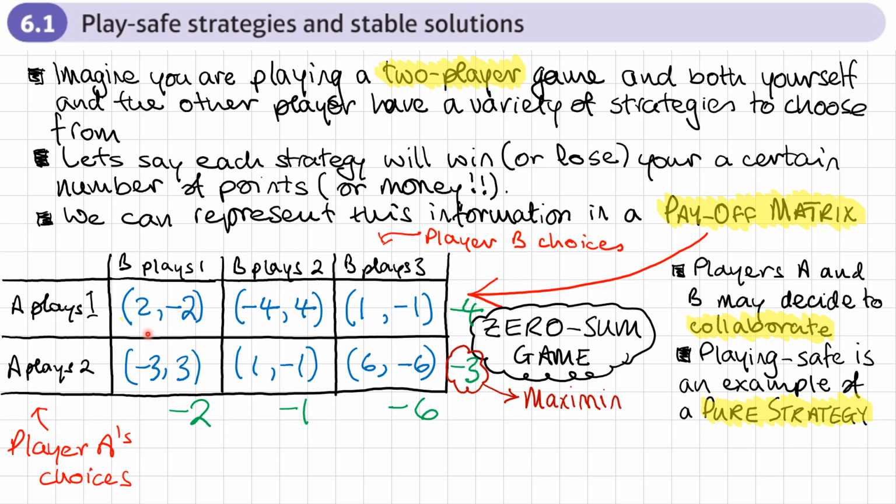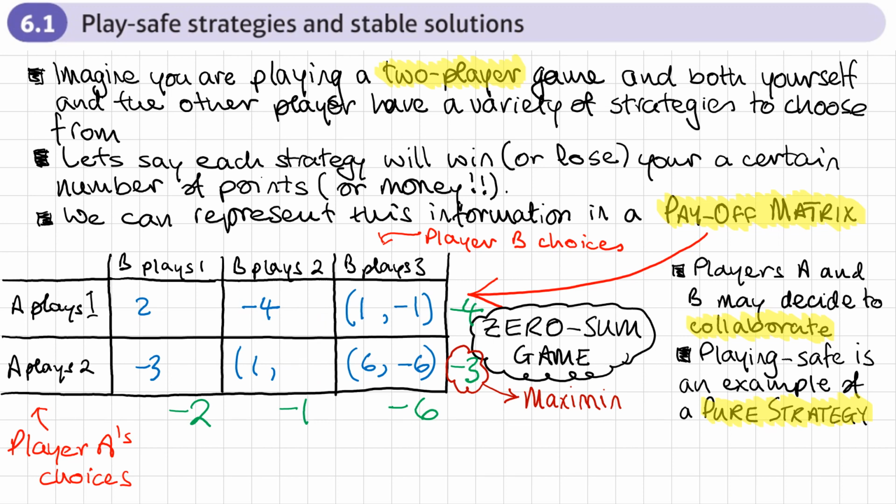But there's actually redundant information in this table. I've got A's winnings and B's winnings, and sometimes those winnings are negative. If I take these out and just have the single number 2, I know that whatever B gets is going to be the opposite to that.